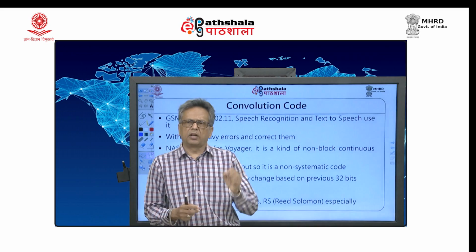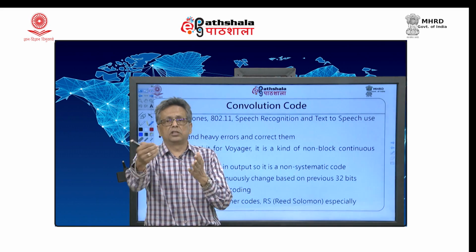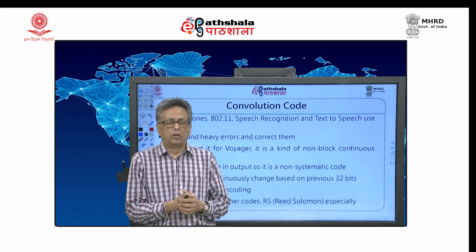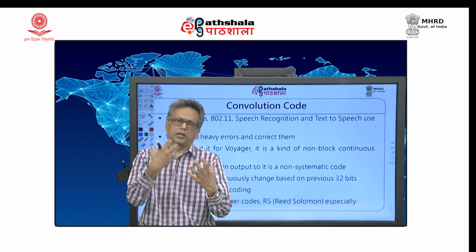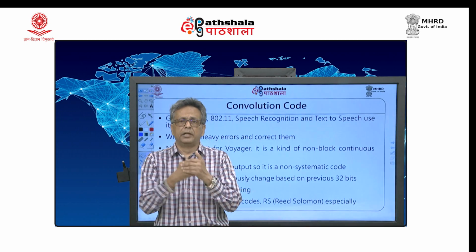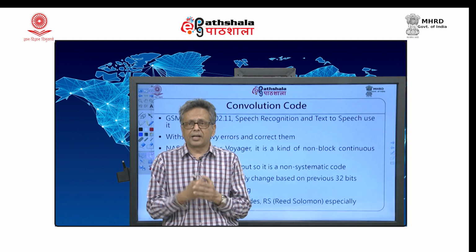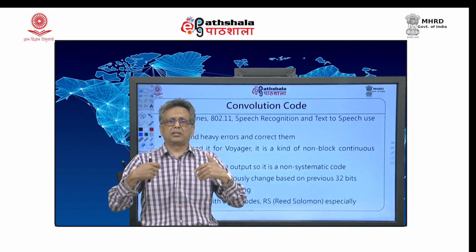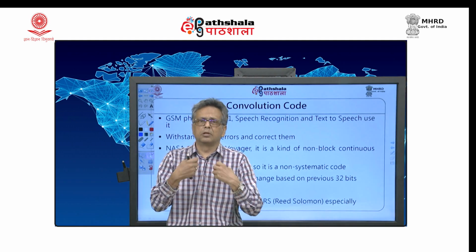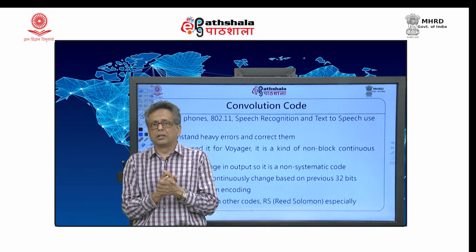All 3 of them have one thing in common. What they try to do is to guess what the input is based on the output. They do not go for hard coded values, but try to guess, not only on the basis of what is coming, but on the context as well, and try to have multiple guesses and then use some intelligent method to choose the best guess out of them. That makes it better at correcting.